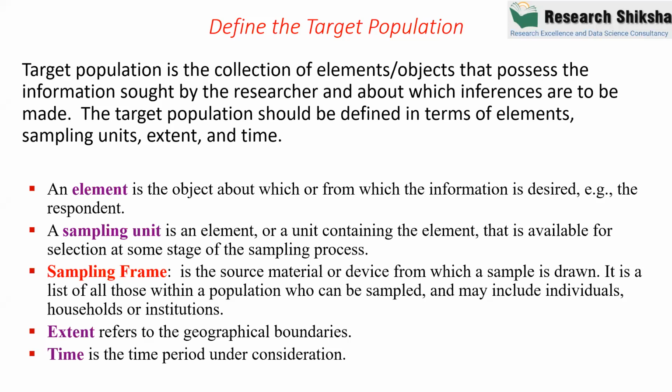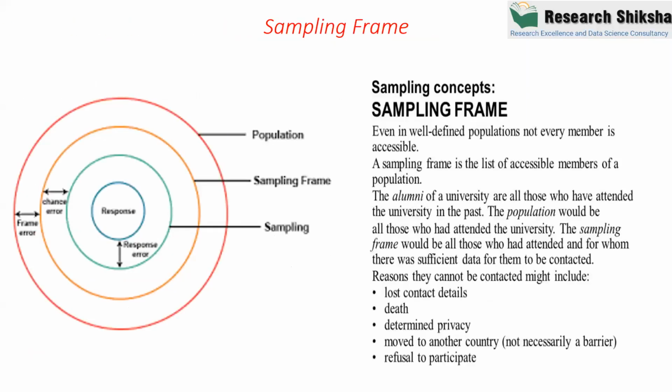After defining the sampling frame, you have to define the sampling technique, so we are moving towards the sampling technique. If we compare, the red line is explaining the population. Then we have the sampling frame, and in the sampling frame we pick a sample.